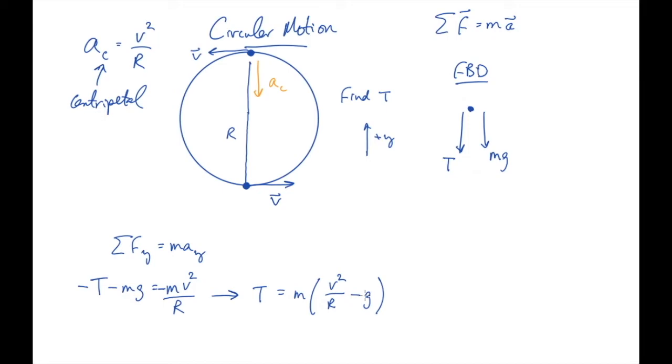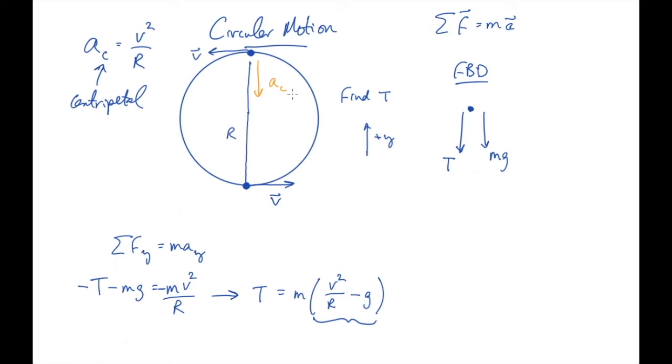There's no tension in this string, and at that point the rock no longer moves in the circular path. It's just going to fall along a parabolic path because gravity is the only force acting on it, and it's in free fall. So I can reduce the speed down until the tension equals 0 when the rock is moving at the minimum speed required to move in a circular path.